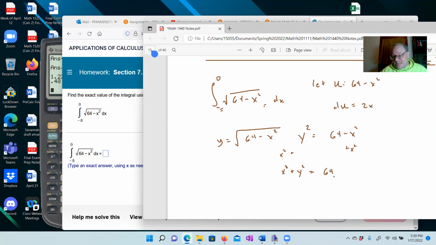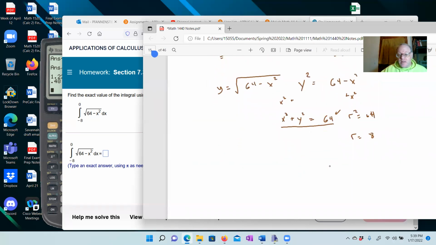You might say, no, I don't remember that. But you have seen it before, because this is a circle. The center is at 0, and the radius is, r squared equals 64, so r is equal to 8. So it's a circle of radius 8. We'll go ahead and draw this.